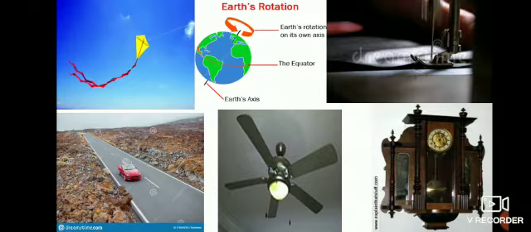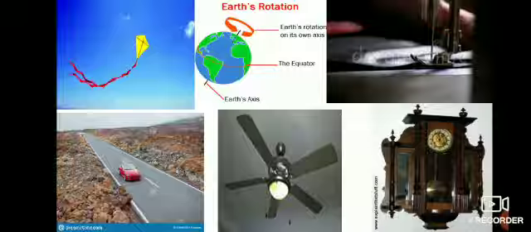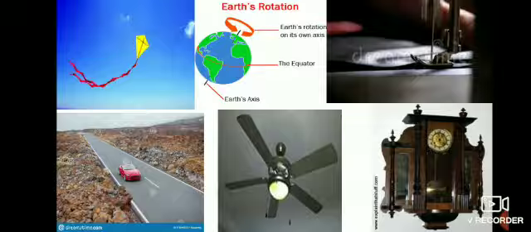A car is moving in the same direction along a straight line, whereas the blades of a ceiling fan rotate about a fixed line in a circular path. The needle of a sewing machine moves up and down about a fixed point. The pendulum of the wall clock oscillates to and fro about a fixed point.